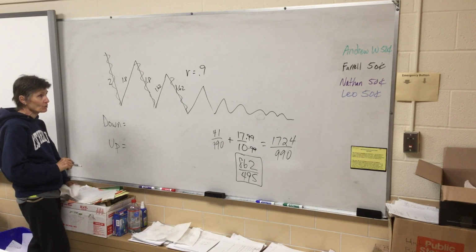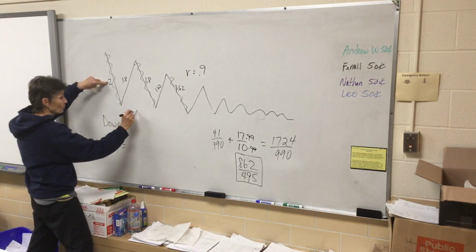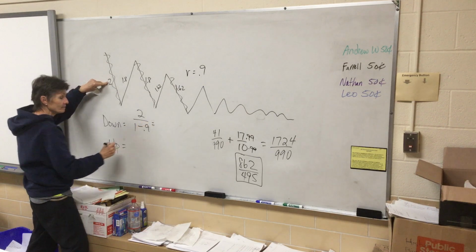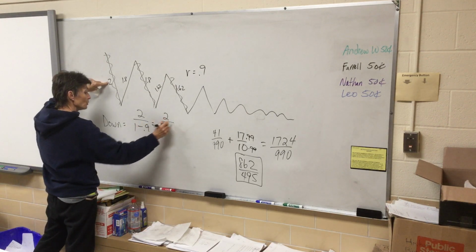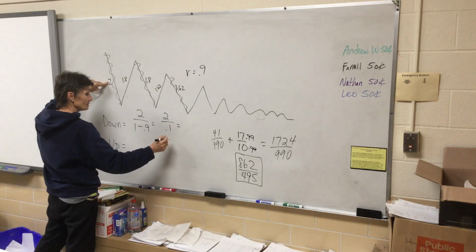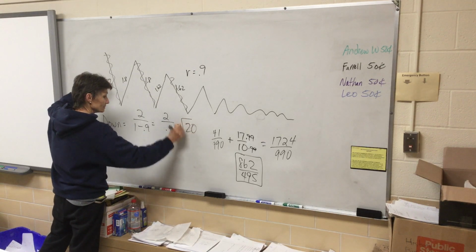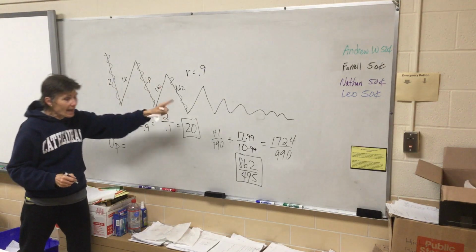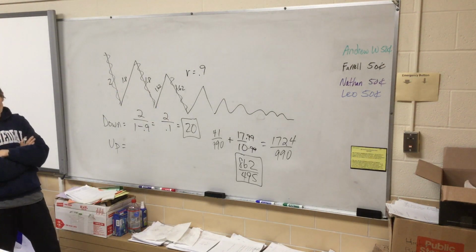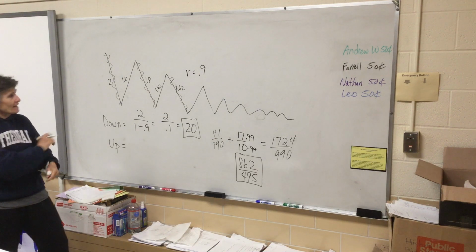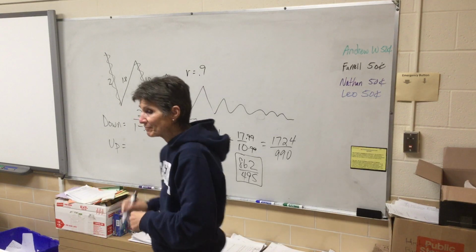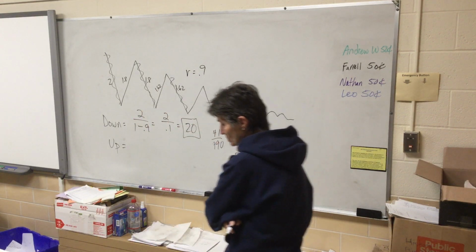Let's do those first. They start with 2, and the ratio is 0.9. So that's 2 over 0.1, which is 20. So the downs add up to 20. I'm finding the total distance the ball travels, and that means I have to look at ups and downs.